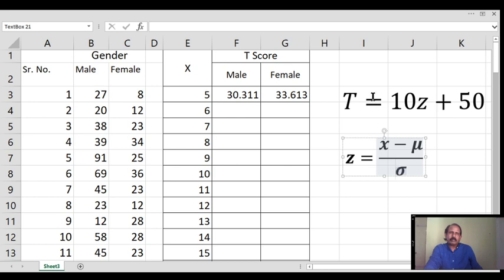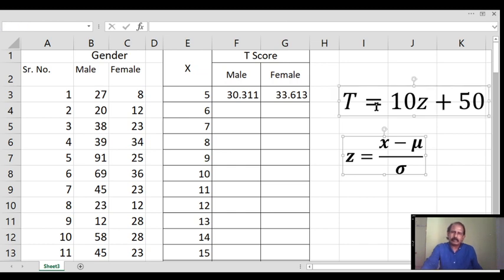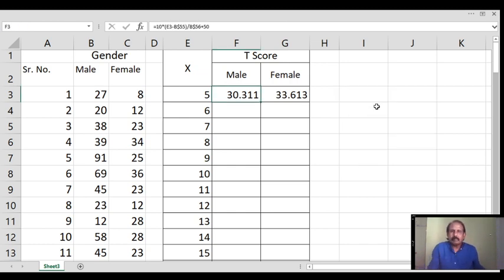Now friends, we don't have to write the formula again and again. We will copy and paste both the formulas into the remaining cells. For that we just have to select the cells in which the t-scores of male and female are found.